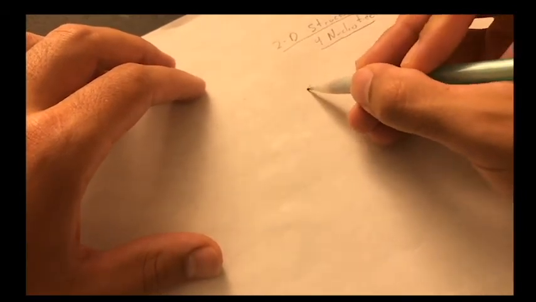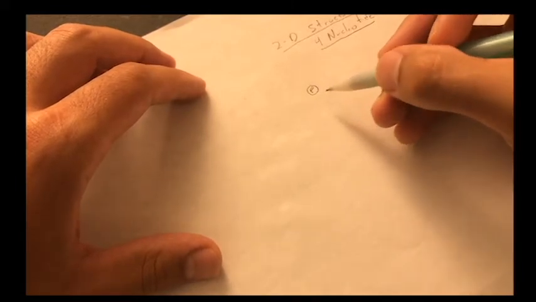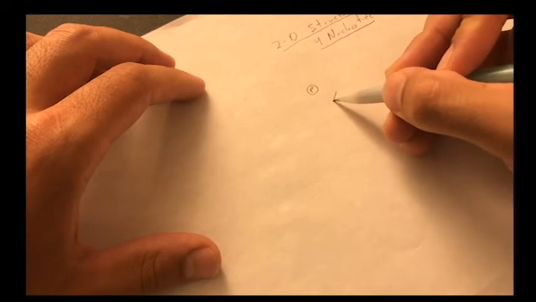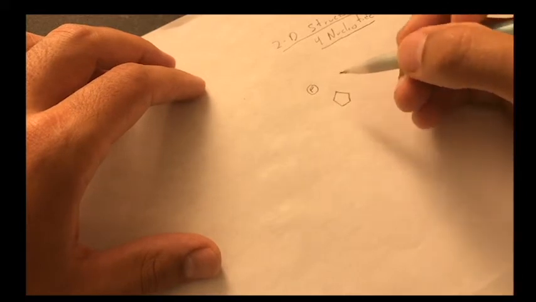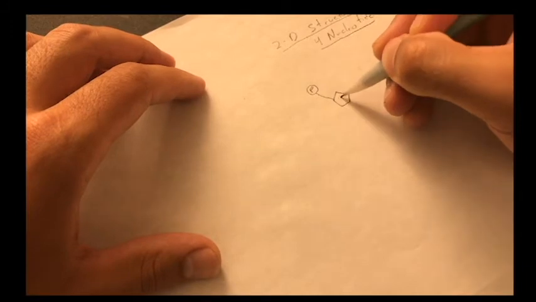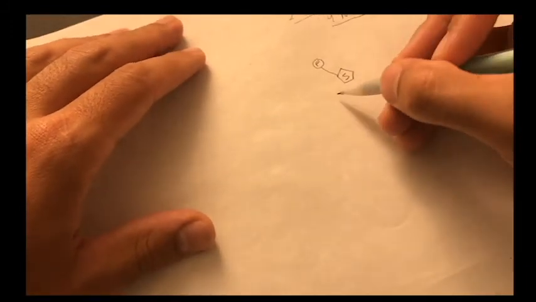So we're going to do first here, phosphate, and we're going to have it connect to a pentose sugar, which would be a pentagon. There we go. Have it connect here, label this S. And then we're going to repeat this 4 times.